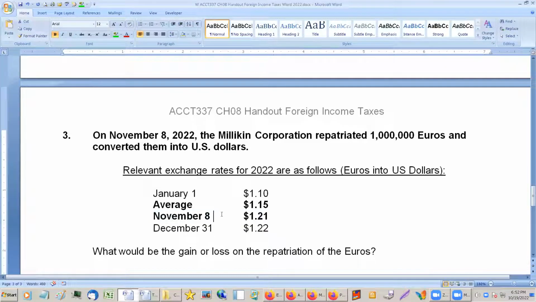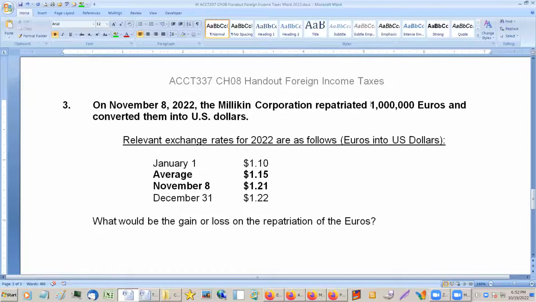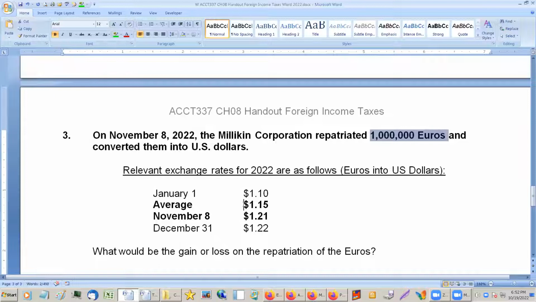Now, when they brought it back in, though, they got a little bit extra. Notice that these 1 million euros were earned and brought in as taxable at $1.15. However, when they actually translated the cash into US dollars, the rate was 1.21.